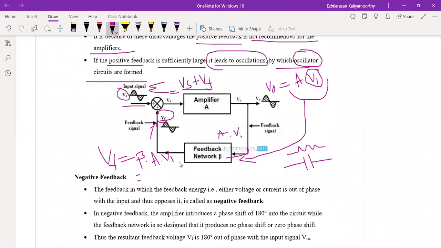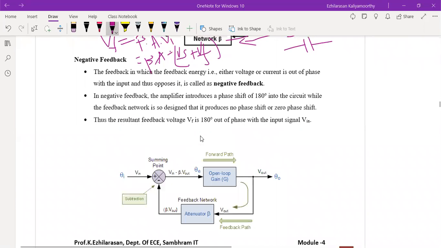Then substitute for Vi: Vi is Vs plus Vf. Then you simplify, and finally we will get one expression. This is the derivation we have to do.